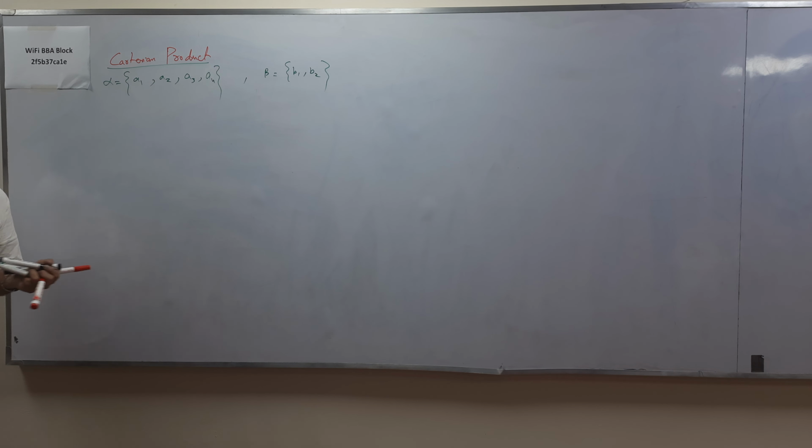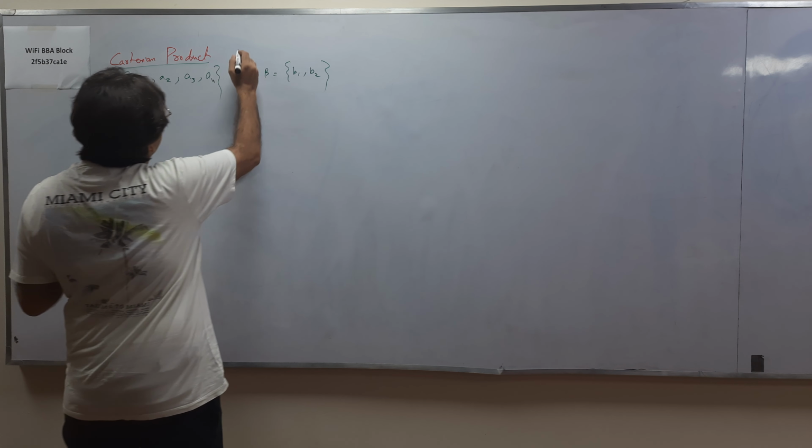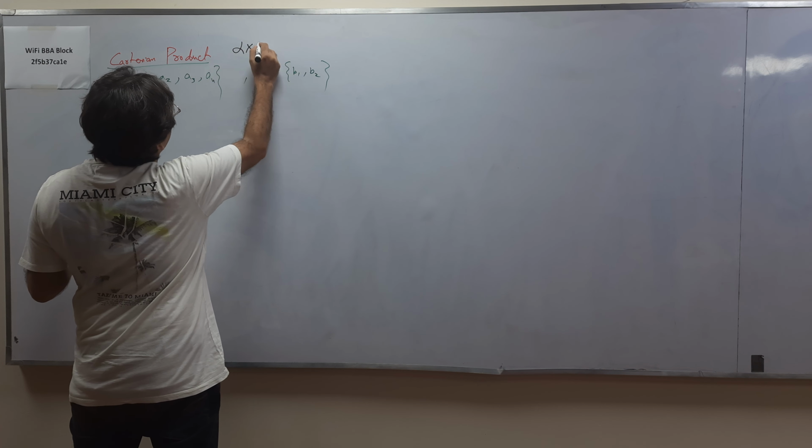The number of elements represents the order. So what is the Cartesian product? The Cartesian product is represented by alpha cross beta.